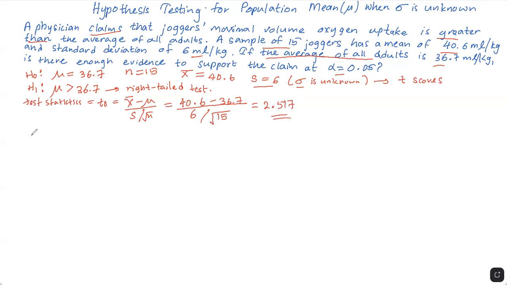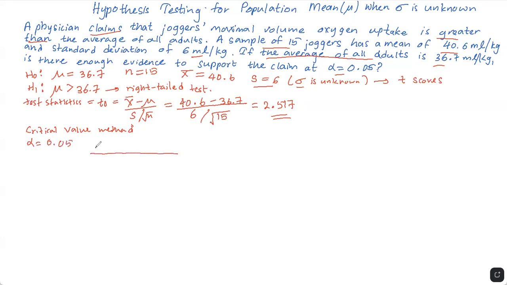Here I'm going to use critical value method and p-value method. Let's look at critical value method. So we are going to make a decision about this test. Under critical value method, we have to look at alpha value. Significance level is 0.05.